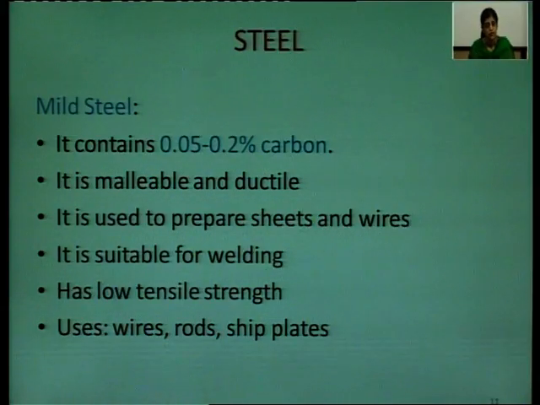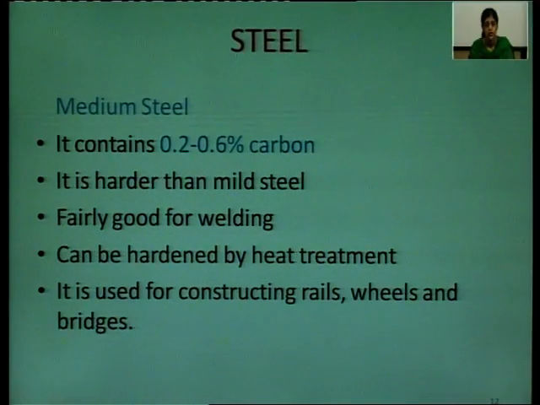Now, the next type of steel, it is medium steel. Medium steel contains 0.2 to 0.6% of carbon. It is harder than mild steel because the carbon content has increased.